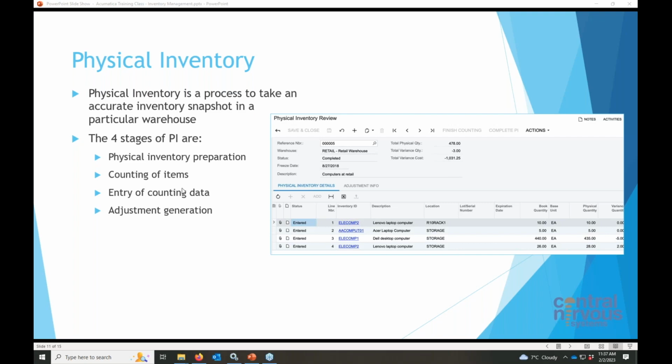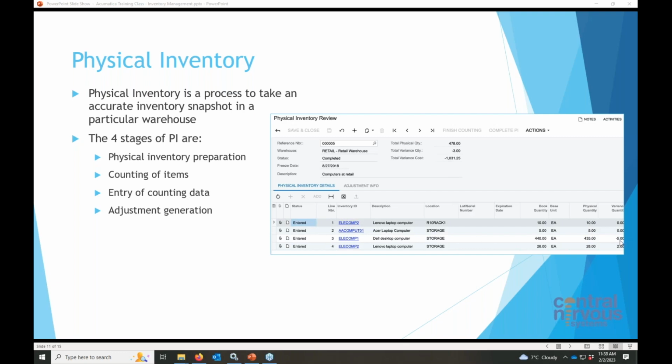Once you count, you then go through the pain and the rigor of entering that count data. Lots of people might be used to using Excel for that, but Acumatica does have the ability to enter those numbers directly in, and then from there we have a delta.